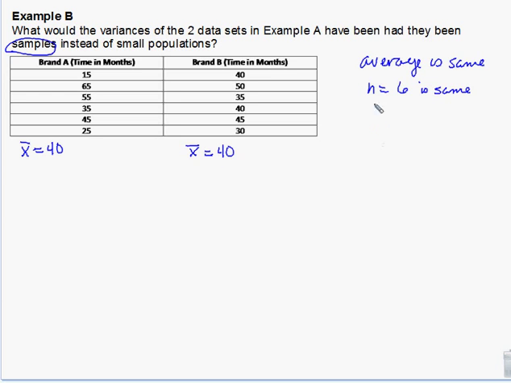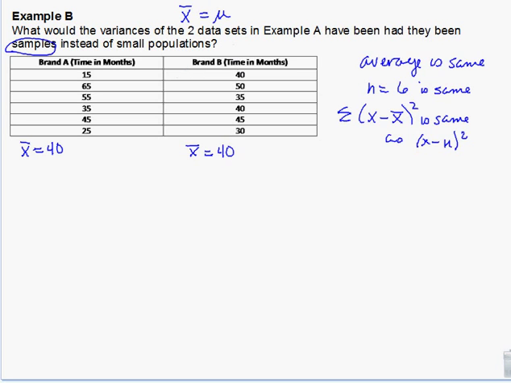Okay. The sum of X minus X bar is going to be the same as X minus mu. Okay? Because remember, the average is the same. We just use a different notation if it's population versus a sample. Okay, so these are equal. Always. This is just sample population.